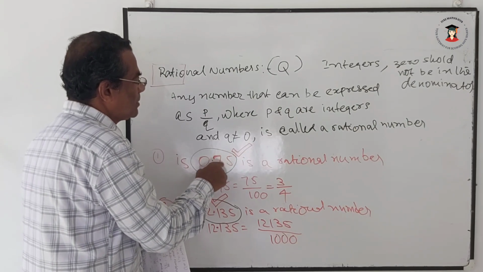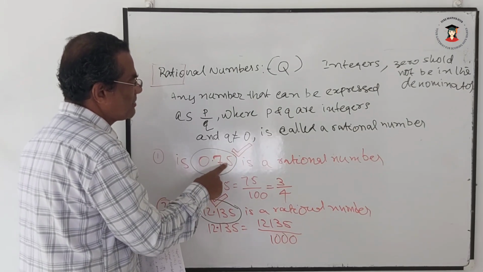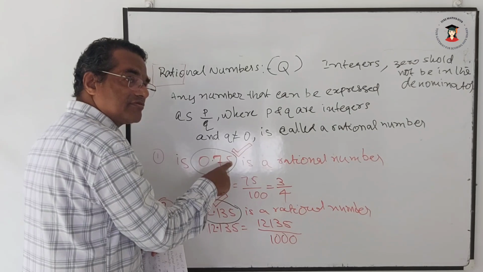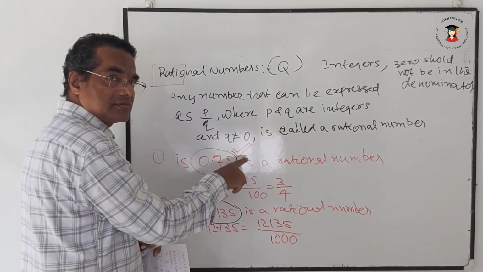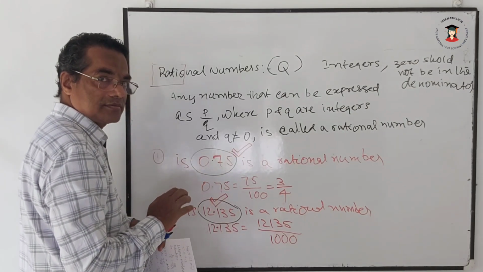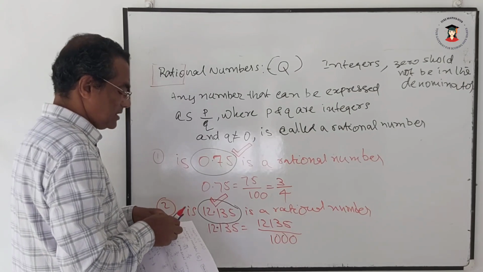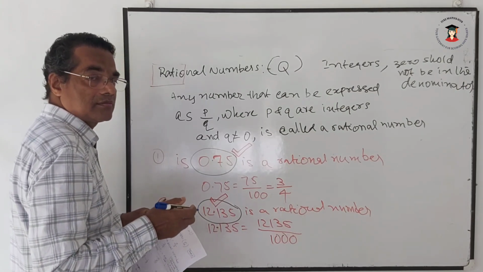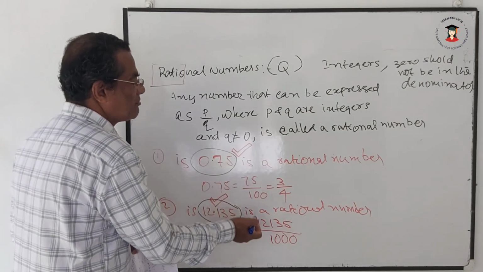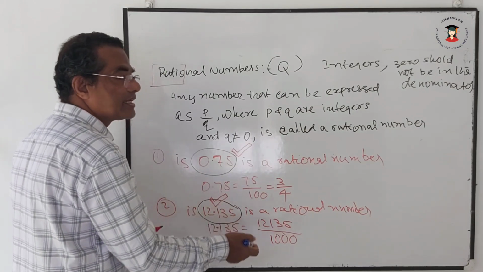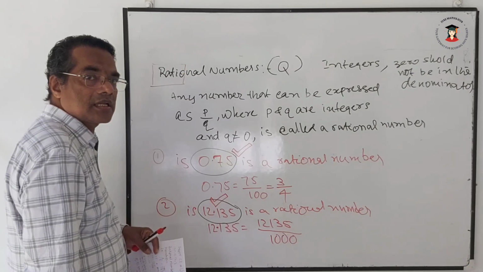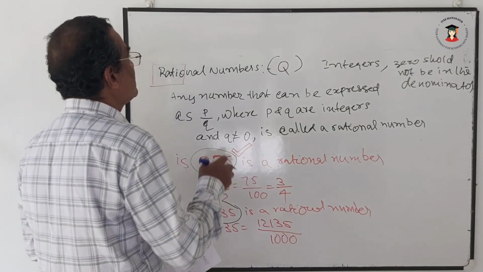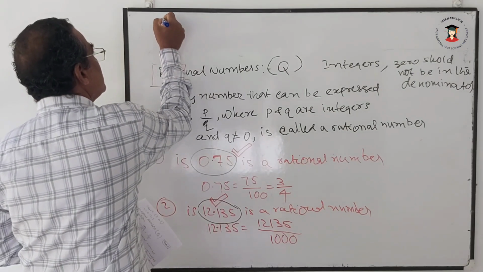After 5 here, in 0.75, there is no digit. The digit terminates there. So such decimals are called terminating decimals. And we found that a terminating decimal is a rational number. I will write this conclusion here.